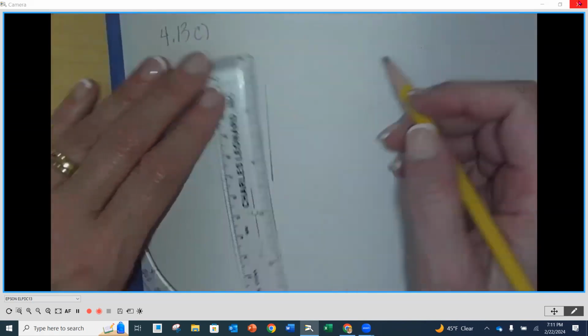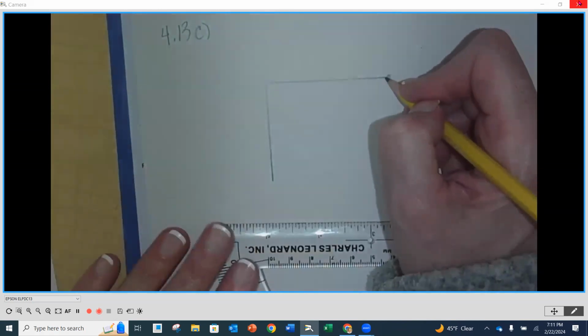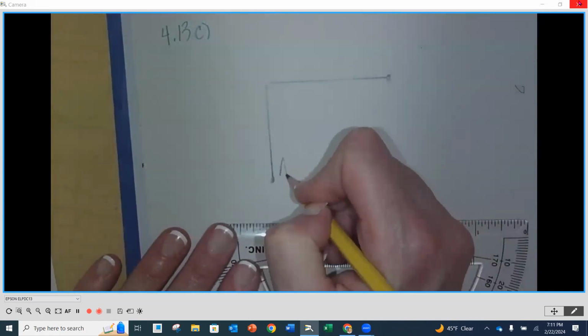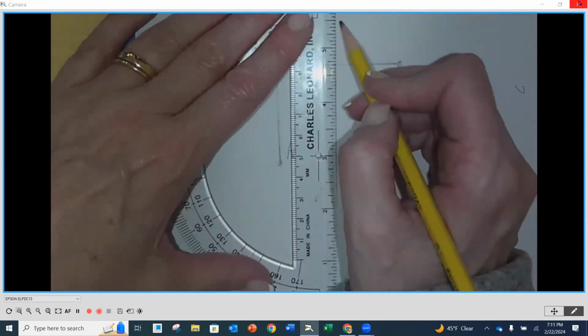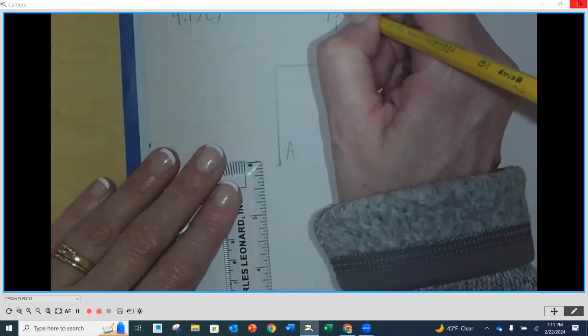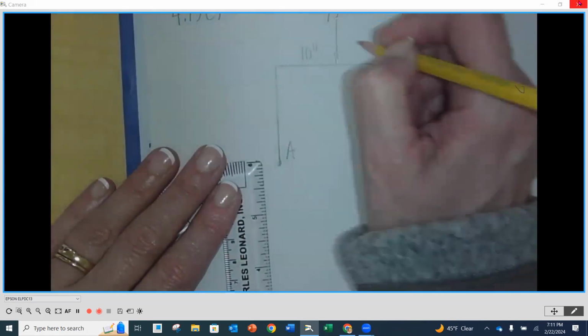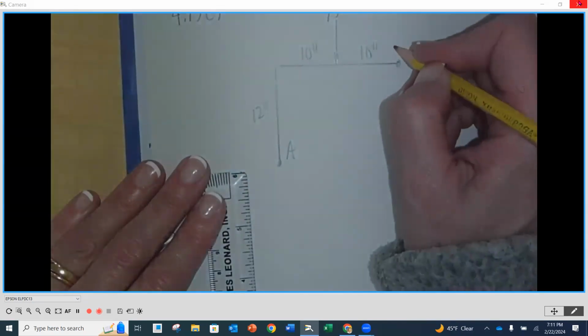So again, I'm going to have A going over to B. Same free body diagram in terms of 75 coming down. Same distances. Okay.